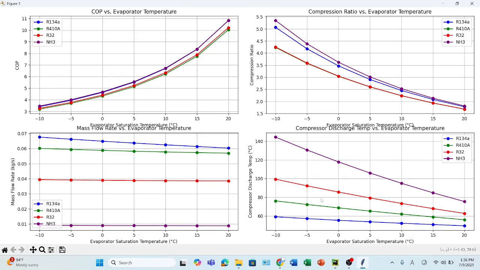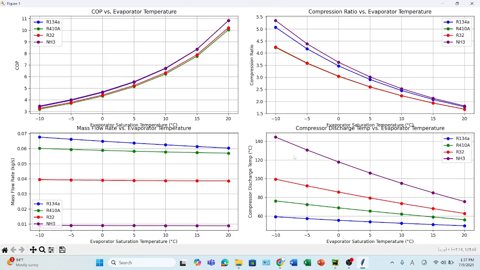So all the refrigerants, their compressor discharge temperature will decrease because the temperature difference between the evaporator and the condenser is decreasing. So this is the desirable result, or these are the results which should be like. Here you can see that ammonia is not giving us a desirable result because it is giving us the highest discharge temperature.